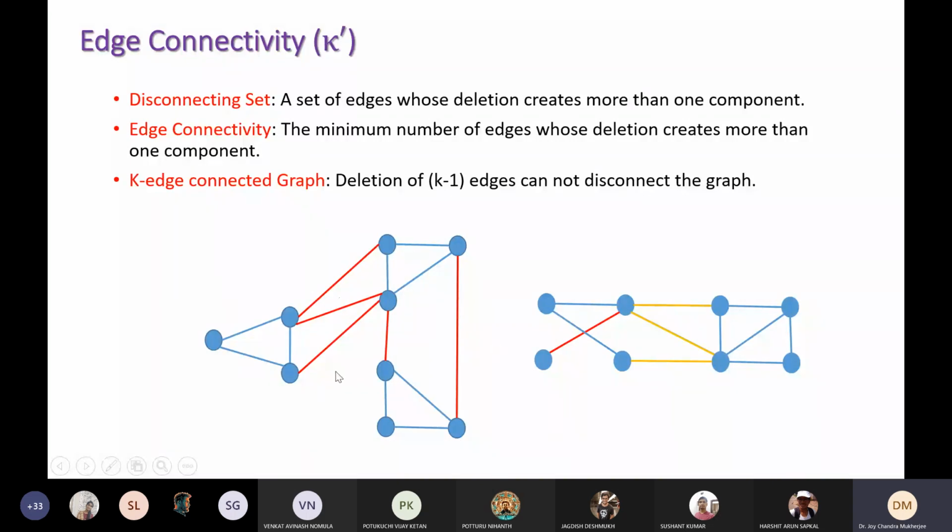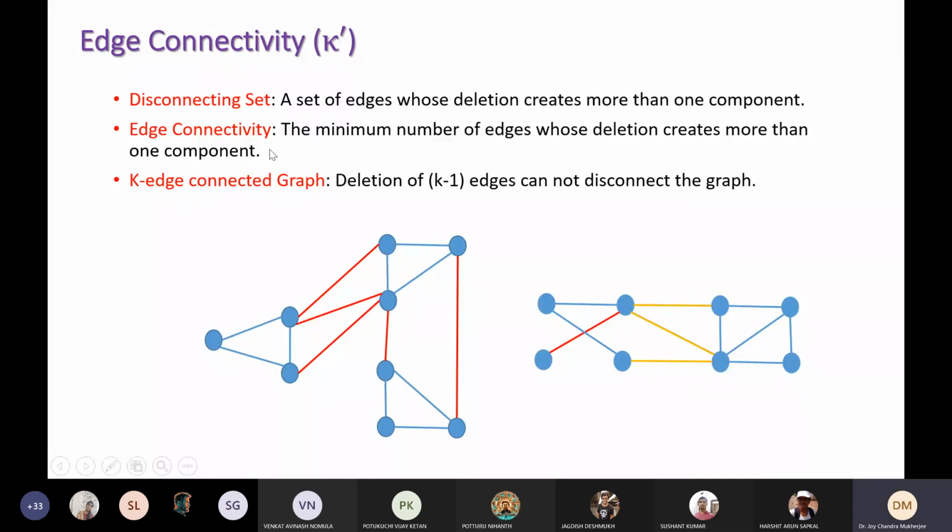So if you delete them, it creates three components. Okay, so this is a disconnecting set. Then this red one and all this yellow one, if you delete them also, it creates more than one component.